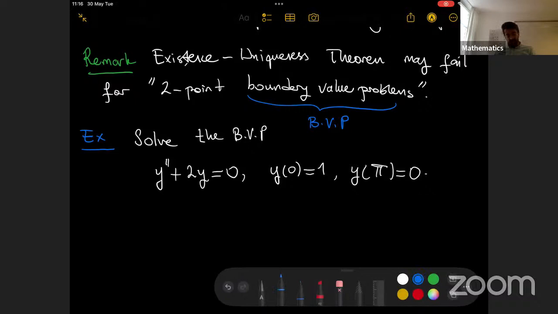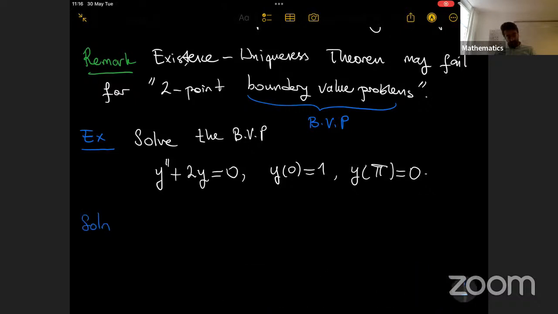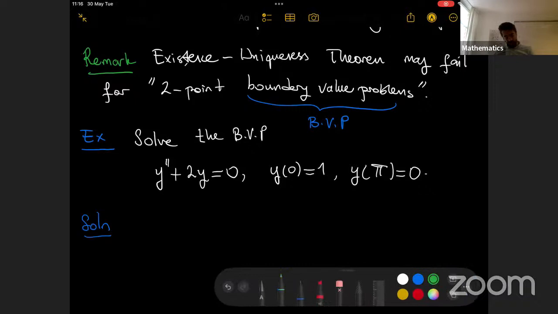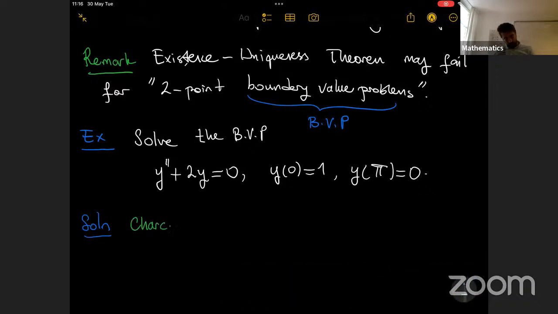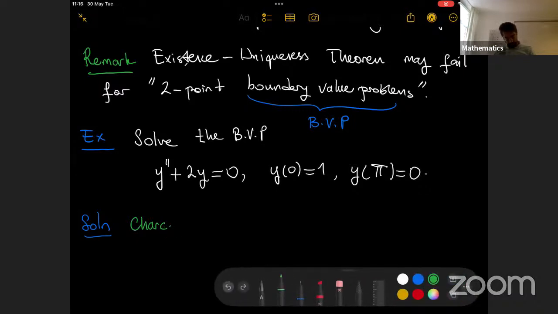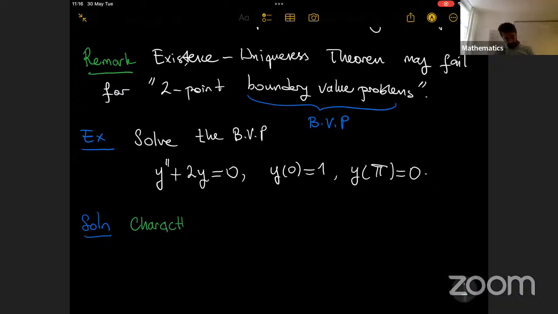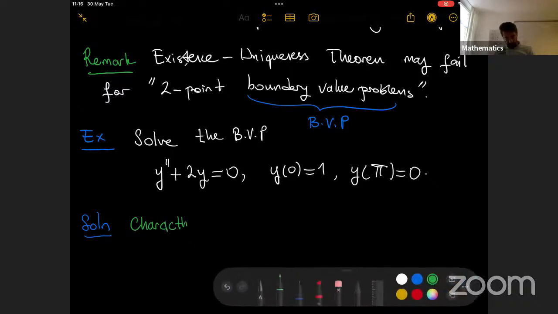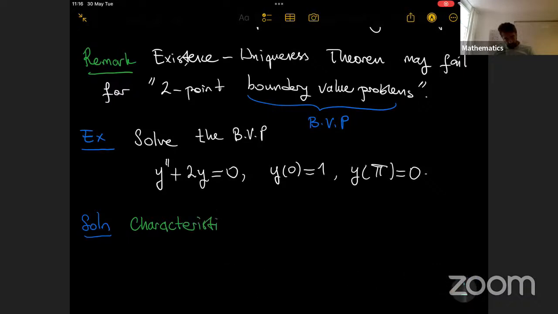So we write the characteristic equation to solve it: r squared plus 2 is equal to 0, which implies r is equal to plus minus root 2 i.